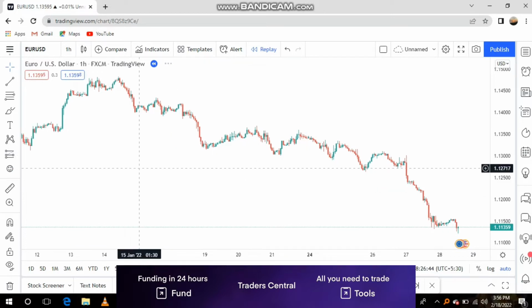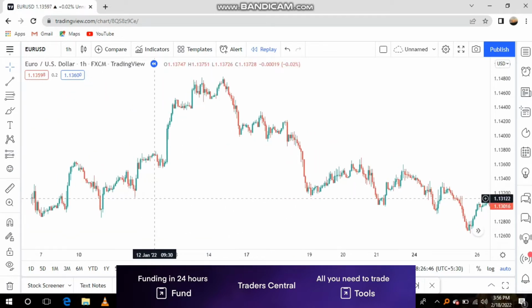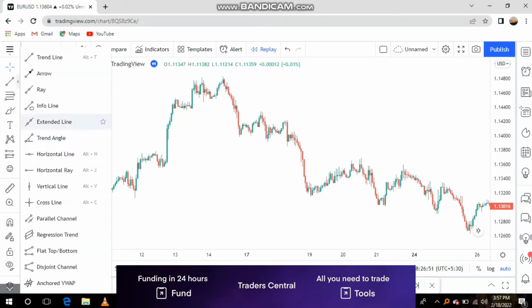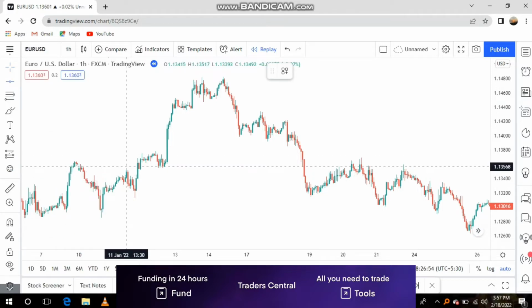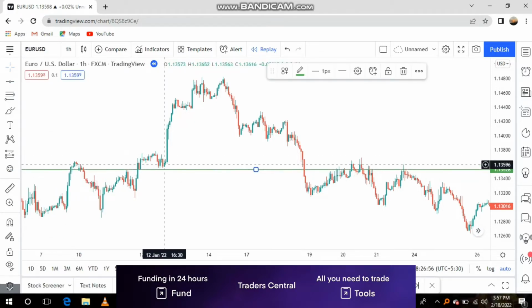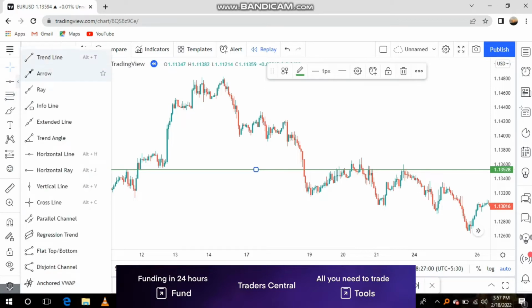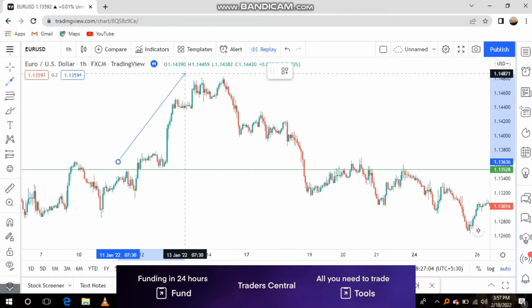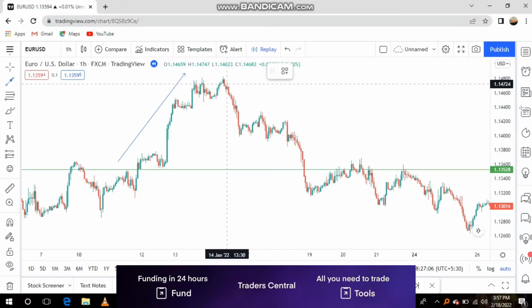So first see this. You see, market breaks this level. Market breaks this level here. Let me draw something like that. So I'll draw my trend line there. So you see, market breaks, it goes up. You see? Then it comes back down to the same level guys.